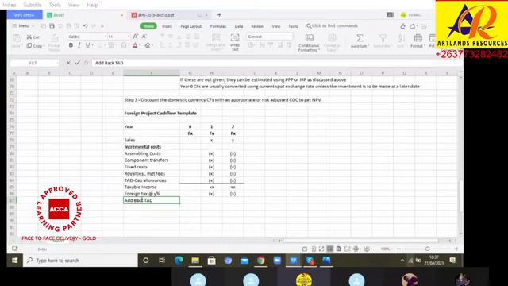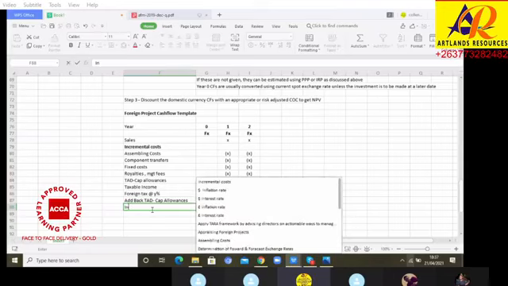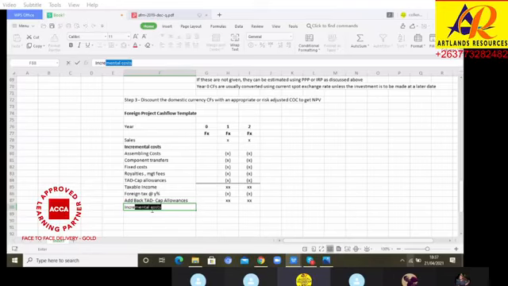And then you say add back tax allowable depreciation. Why add back capital allowances? It's because they were just subtracted to calculate tax. And now that we have calculated tax, remember these are non-cash items, so we add them back. And then you say incremental working capital. All this is in foreign currency.